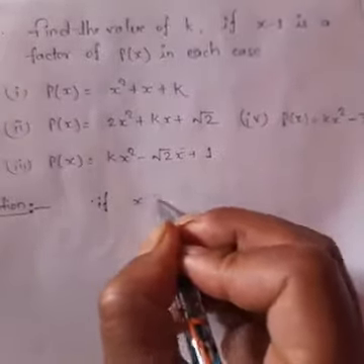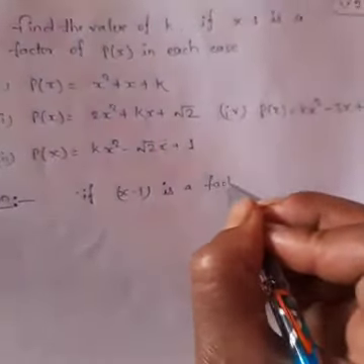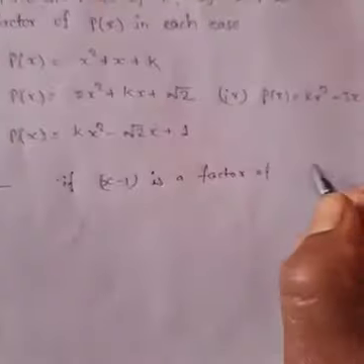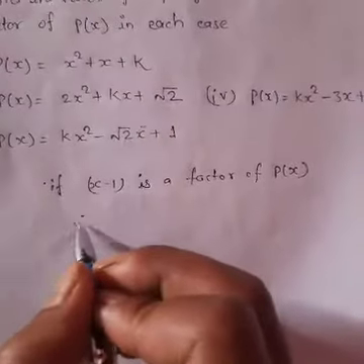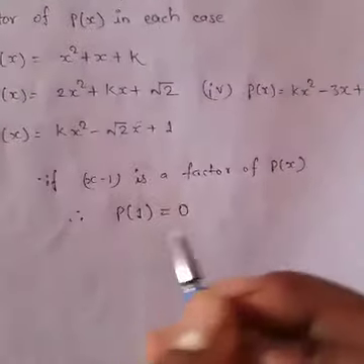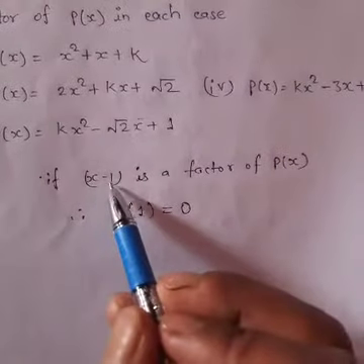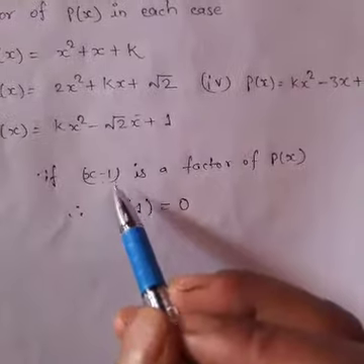If x minus 1 is a factor of the given polynomial p(x), therefore p(1) should be equal to 0, because if x minus 1 equals 0, we will get x equals 1.